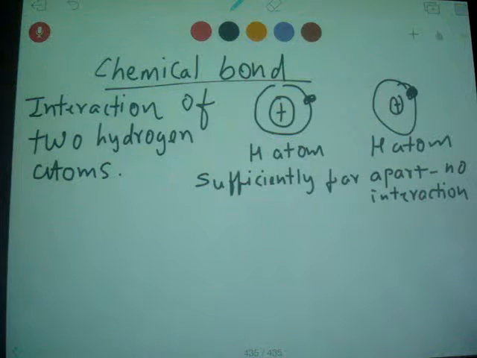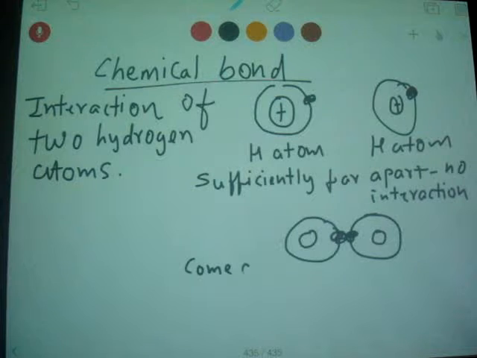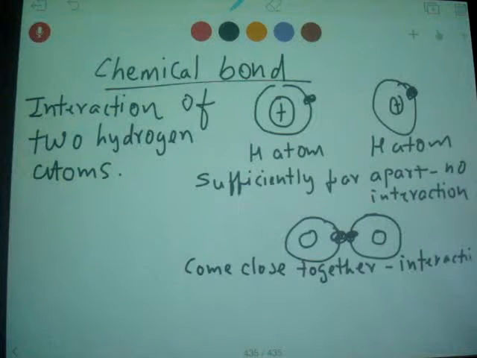Now, when they start coming closer to each other, that's where interaction happens. Okay? When they come close together, they start interacting, and that's where the bond forms.